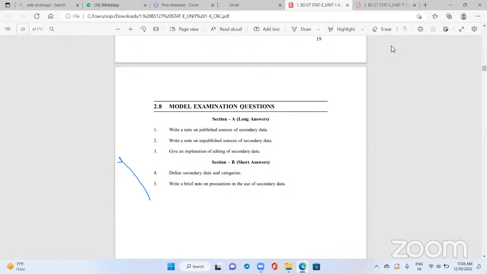This is a long question. In a short question, define secondary data simply.